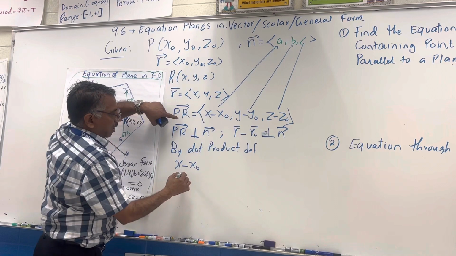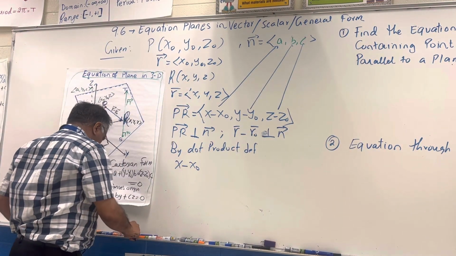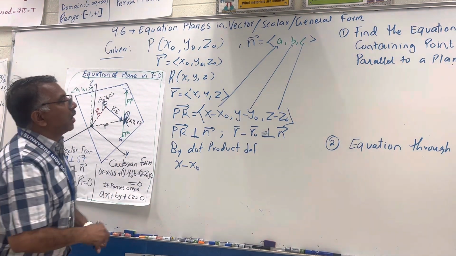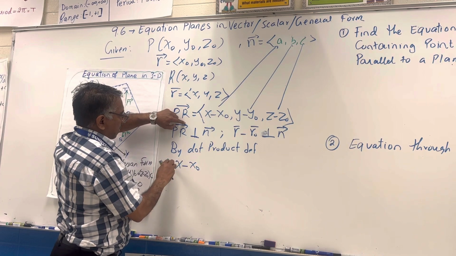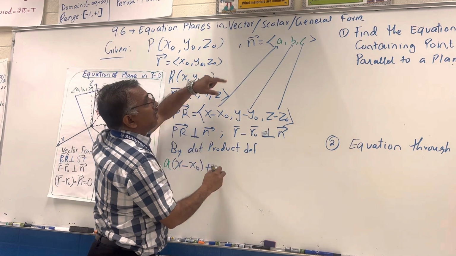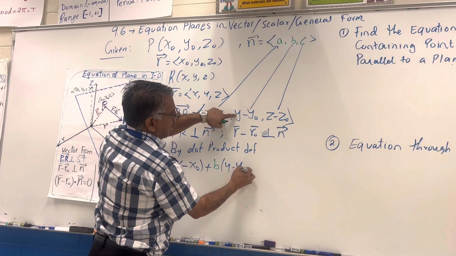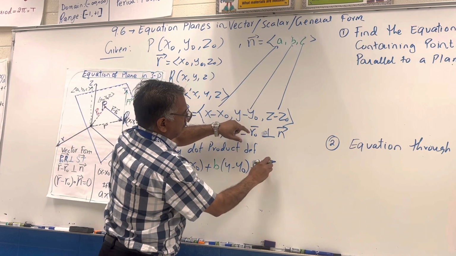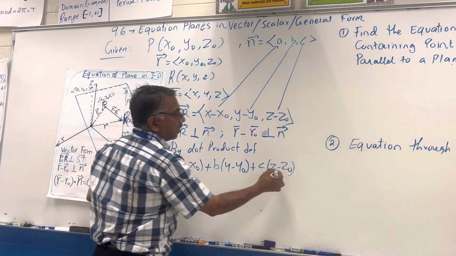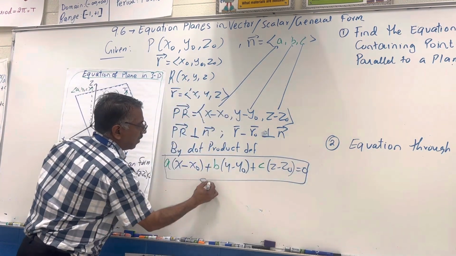So it will multiply A times, the green one, that's A, times x minus x naught, plus B times y minus y naught, and plus C times z minus z naught. And this part is called the scalar form.